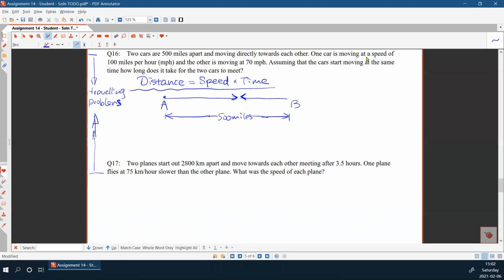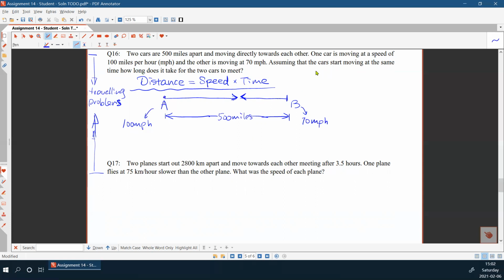And for example, we say that car A is traveling at 100 mph. Mph means miles per hour, okay? And car B travels at 70 mph. Assuming that the cars start moving at the same time, how long does it take for the two cars to meet? Okay, it asks you to find the time taken for the two cars to meet.